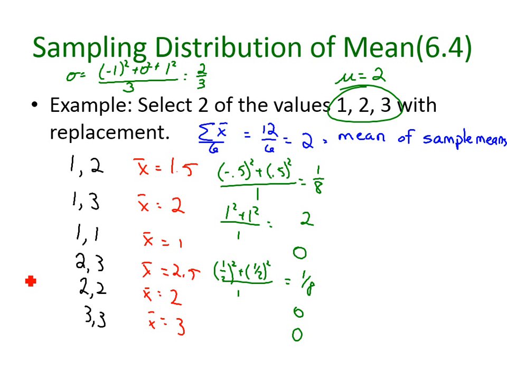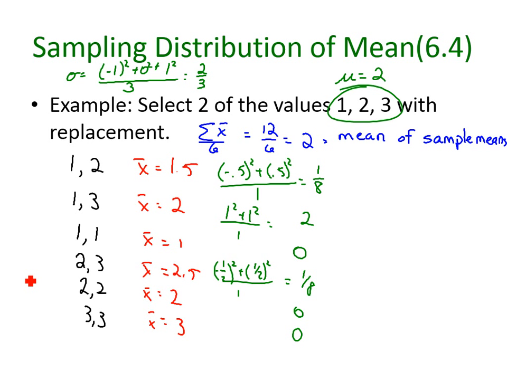Because it's half below the mean and half above the mean, because that's what you're comparing it to. This one, I guess, should have been a negative 0.5 also. But once you squared it, it becomes a positive. And 1/2 times 1/2 is 1/4.